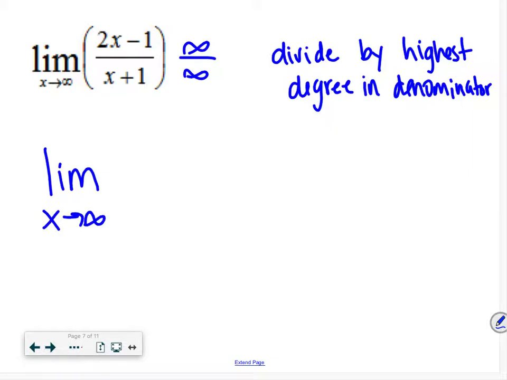The highest degree in the denominator is x to the first. So we're going to take the numerator and multiply it by 1 over x, and we're going to take the denominator and multiply it by 1 over x.